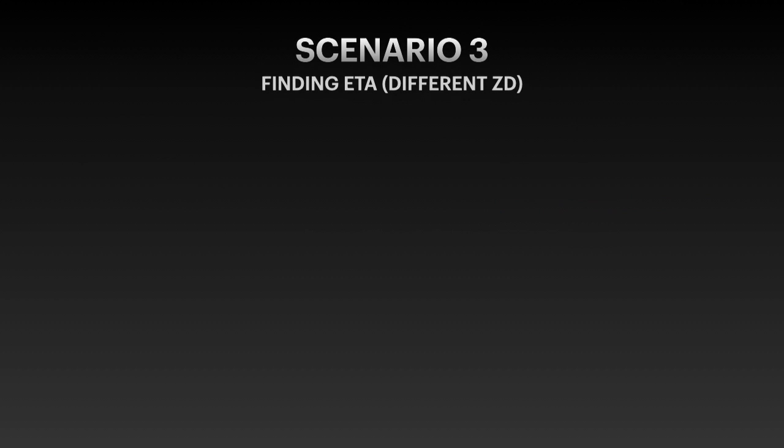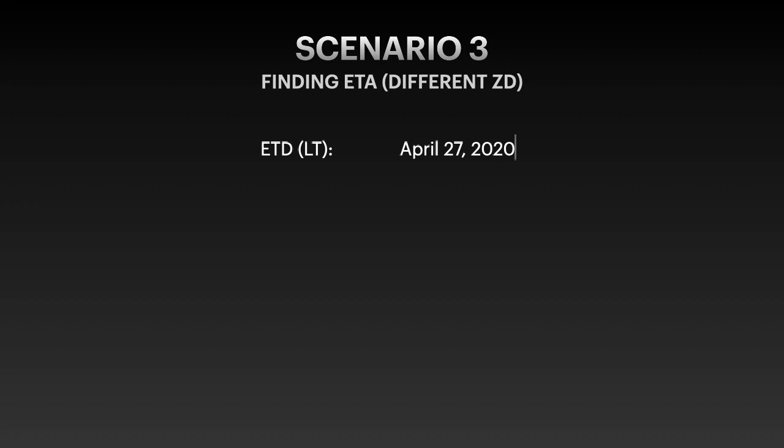So para makuha naman natin yung ETA natin, again, yung ETD on local time, April 27, 0430 hours. And para makuha natin yung GMT or yung Greenwich Mean Time, i-reverse natin yung sign ng local time natin, which is +9. So, 0430 minus 0900 hours.